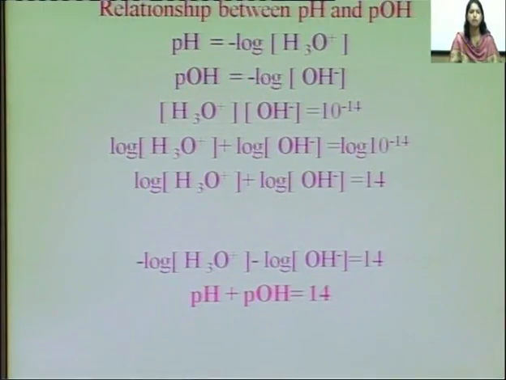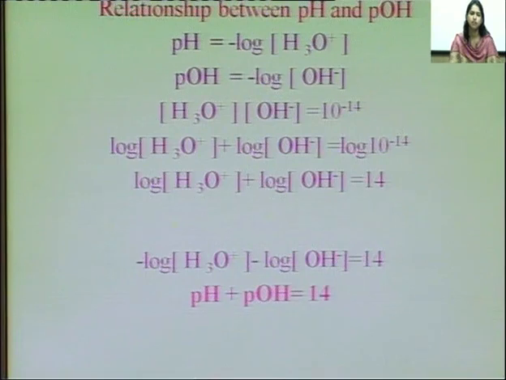Taking log on both sides, we get log of hydronium ion concentration plus log of OH negative ion concentration is equal to log of 10 raised to power minus 14, that is, log of hydronium ion plus log of hydroxyl ion is equal to minus 14.